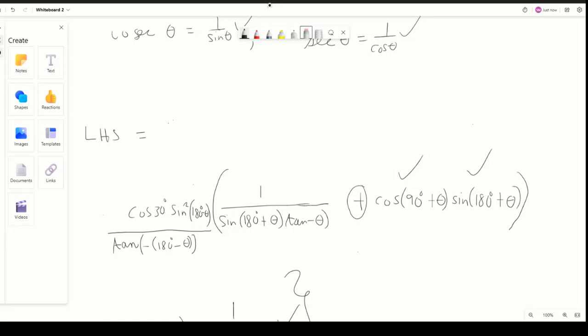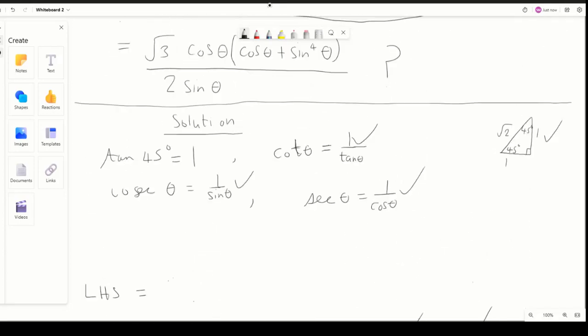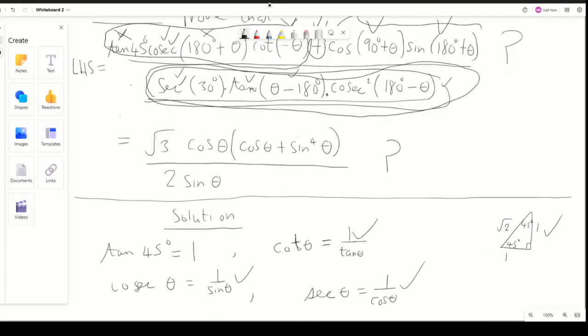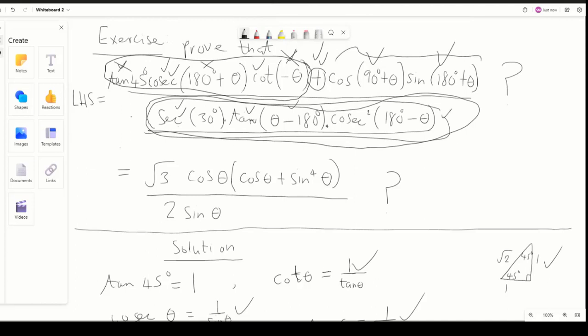So if you agree with everything I wrote down there, guys, we can start doing the work now, okay? Tan remains in the denominator. All the others, this is cos in the numerator. This is sine squared in the numerator now.